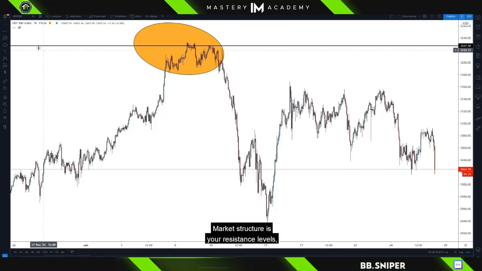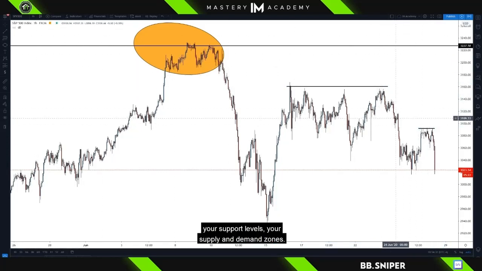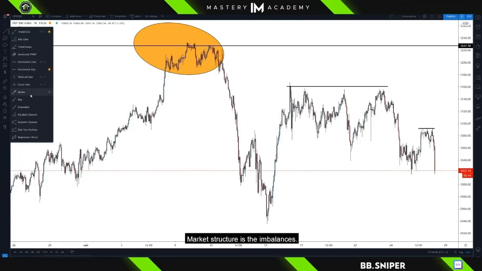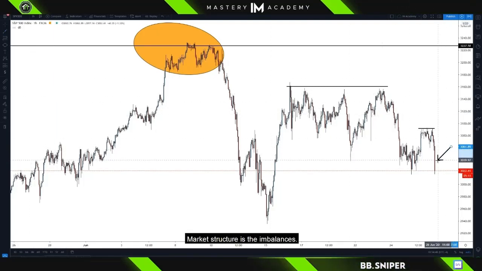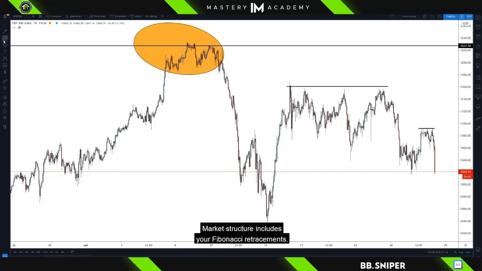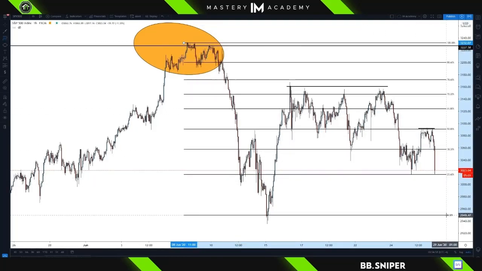Market structure is your resistance levels, your support levels, your supply and demand zones. Market structure is the imbalances. Market structure includes your Fibonacci retracements.